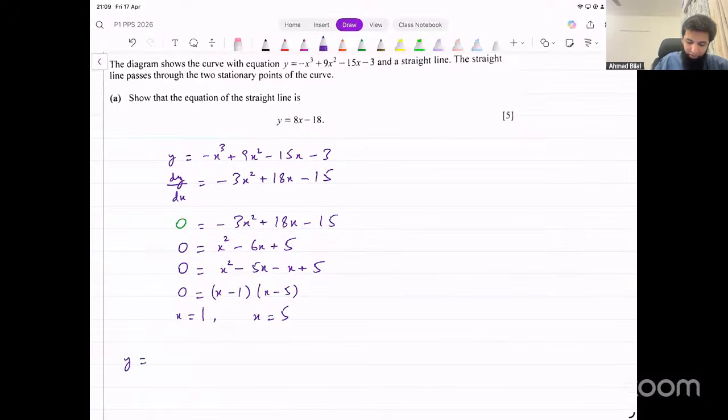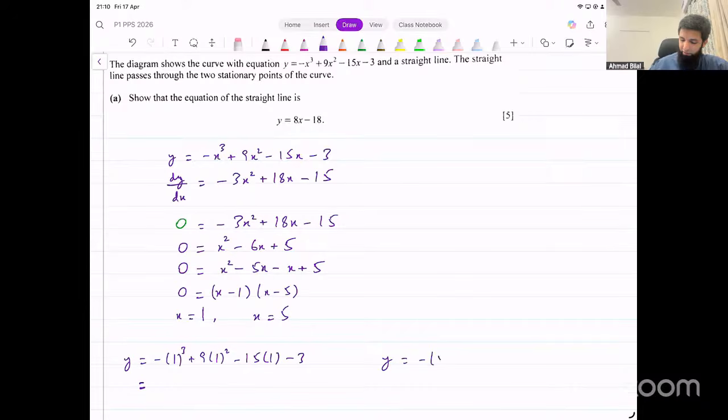When we input 1, we get minus 1 cubed plus 9 into 1 squared minus 15 into 1 minus 3. And that simplifies to what? Can somebody do this calculation, please? What about the other one?